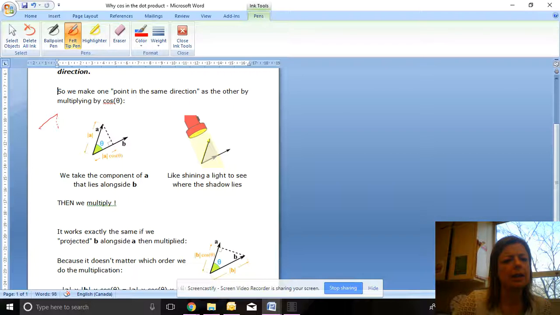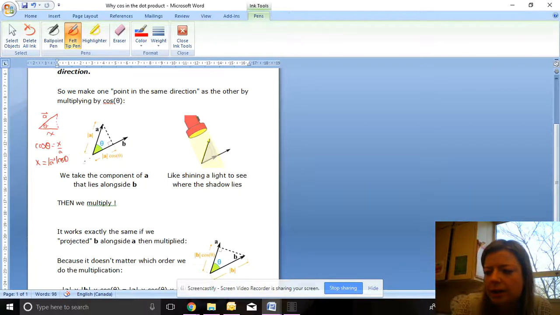If this is your A and this is your theta, let's call this X. So cos theta is X over A. X is just the magnitude of A cos theta. So this length here in the right triangle is just A cos theta.